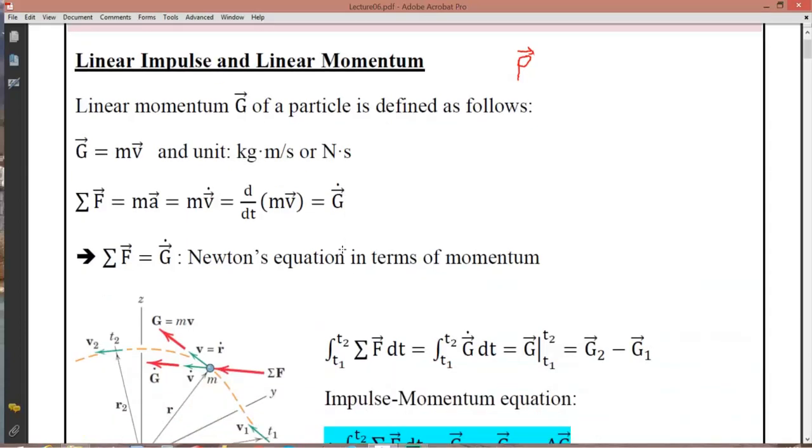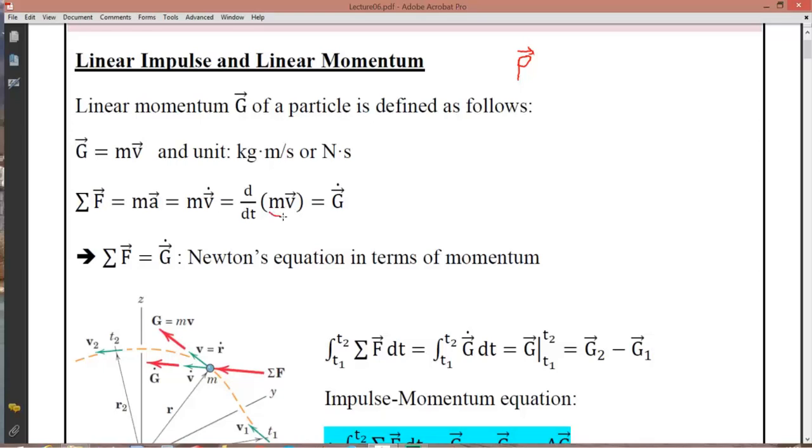We can define this F equals ma formula in another way as well, which is the differentiation of velocity vector with respect to time. So v dot is actually equal to a, acceleration. And then, as we consider this m as a constant, then we can define this as the derivative of the linear momentum.